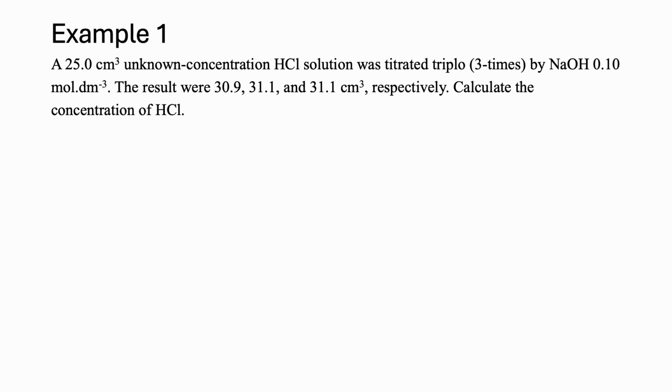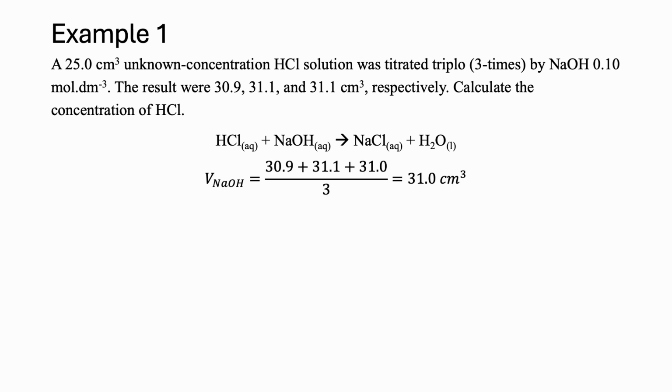Calculate the concentration of HCl. From here we can construct the chemical equation and balance it. If it is already balanced, we can proceed to calculating the volume of the titrant. The titrant volume would be the average of the data, so it would be 31.0 cm³.